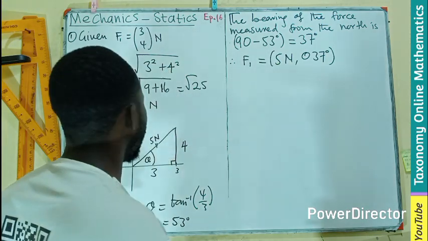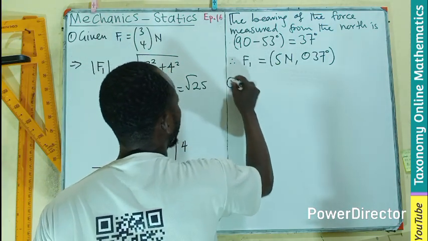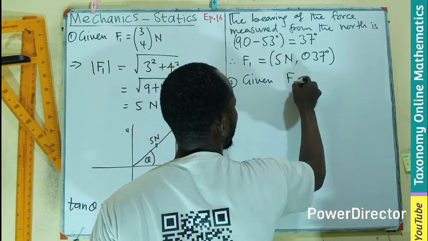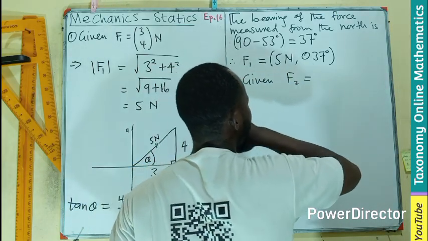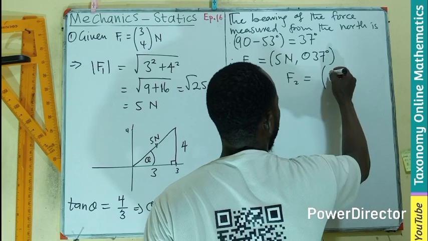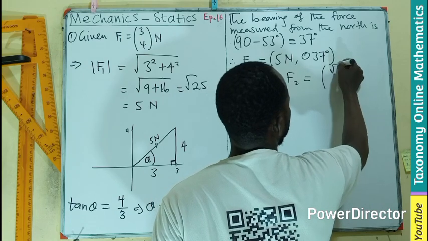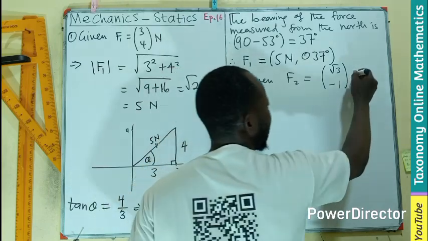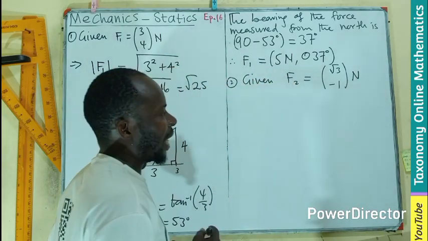All right, let's see if we move to the second quadrant, giving force 2, which is going to be, let's say I have the root of 3 and -1 Newton, something like this.